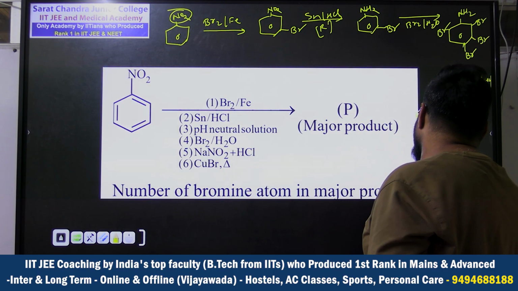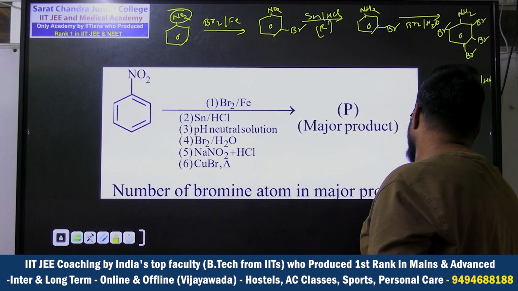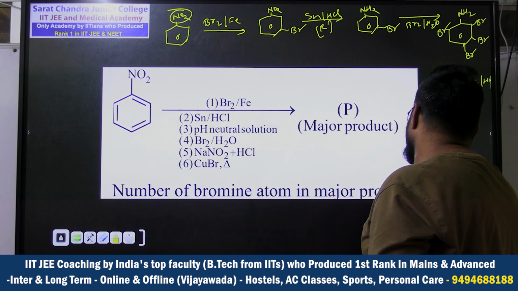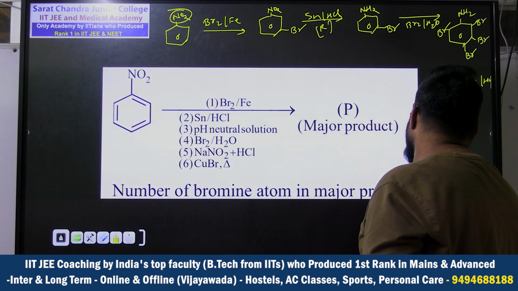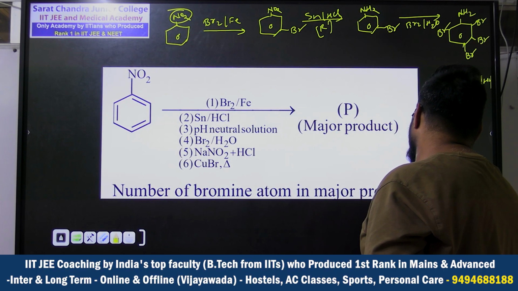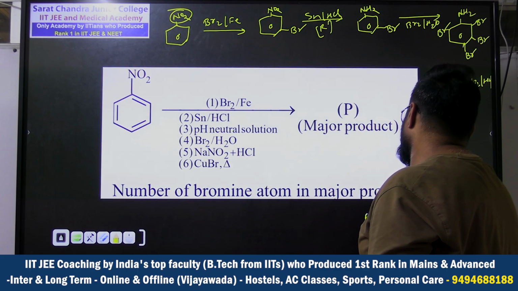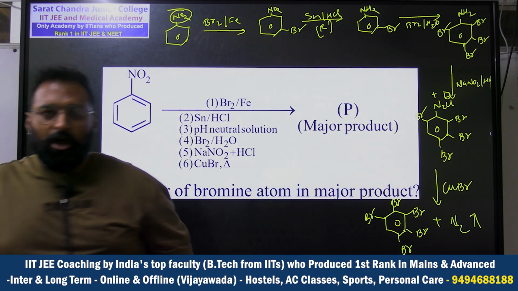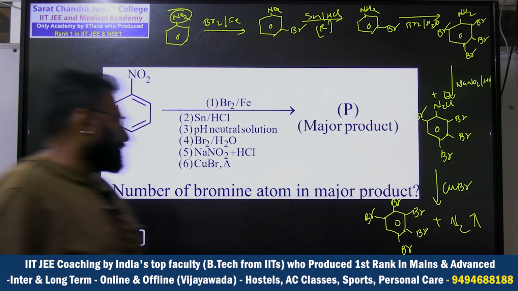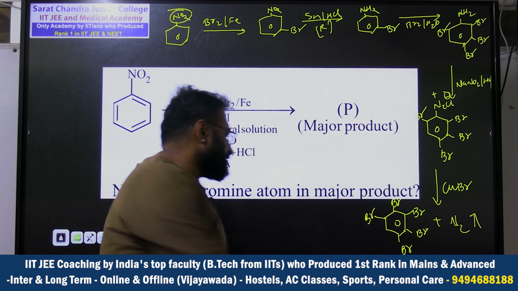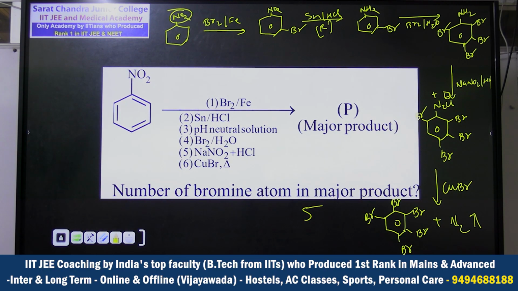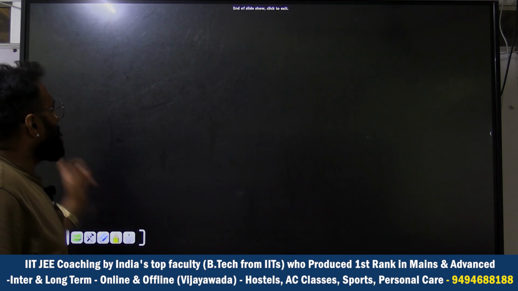So your byproduct will be N2 gas and your major product will have the bromines on the ring. So how many bromine atoms are present in the major product? 1, 2, 3, 4, 5. The number of bromine atoms is 5. Next question.